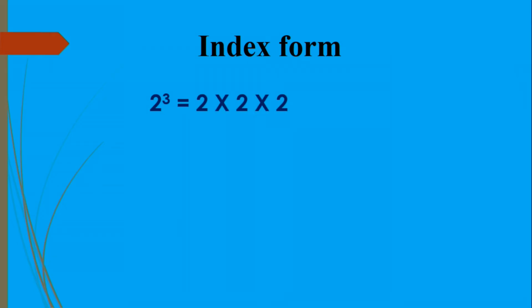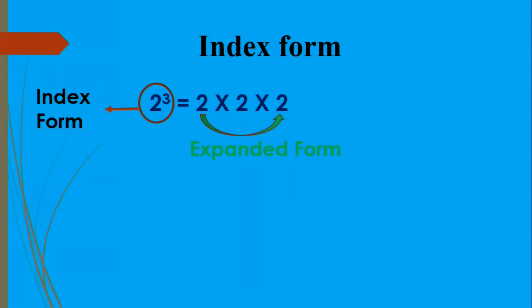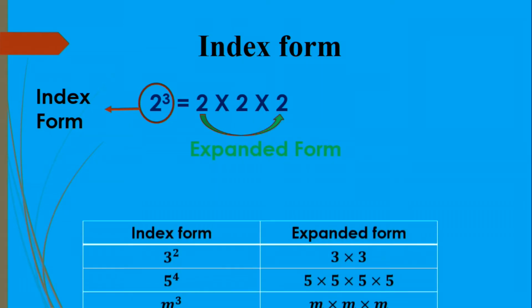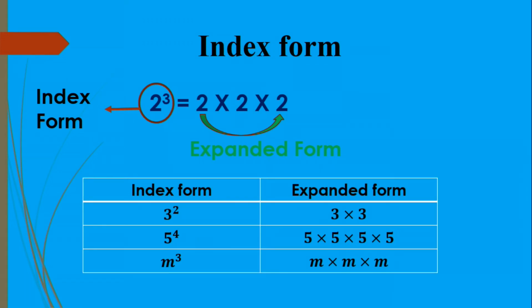Consider 2 to the power of 3, which is equal to 2 times 2 times 2. This 2 raised to the power of 3 is called a number in index form, whereas the 2 times 2 times 2 is called the expanded form. Let's have a look at some more examples.